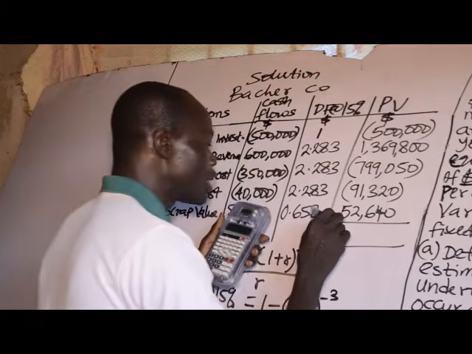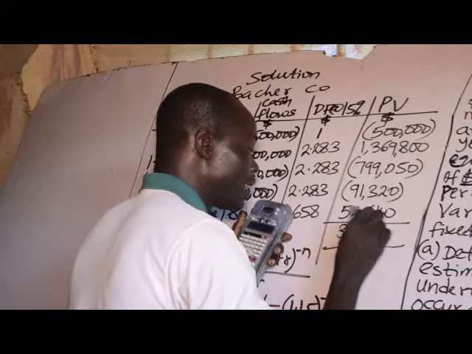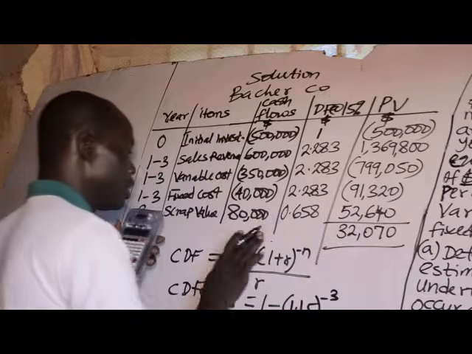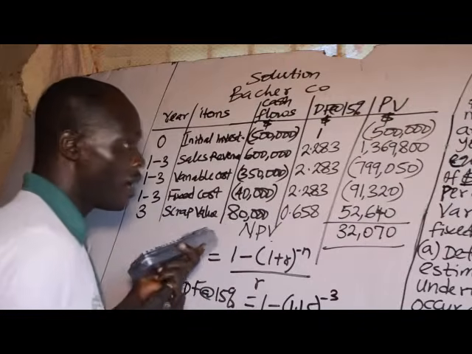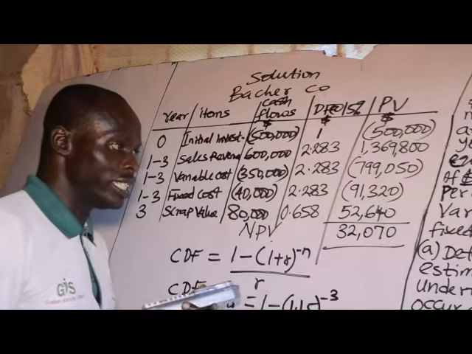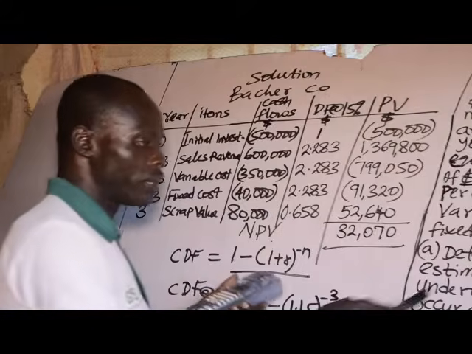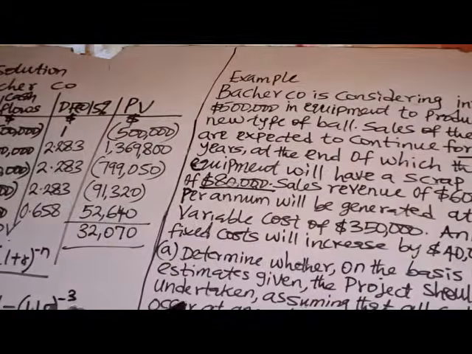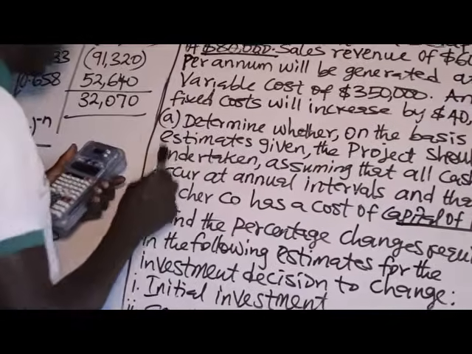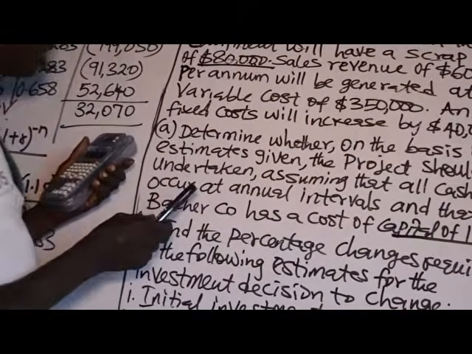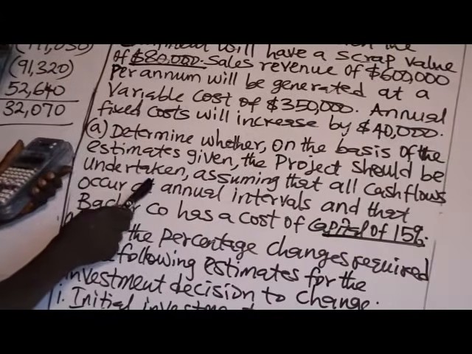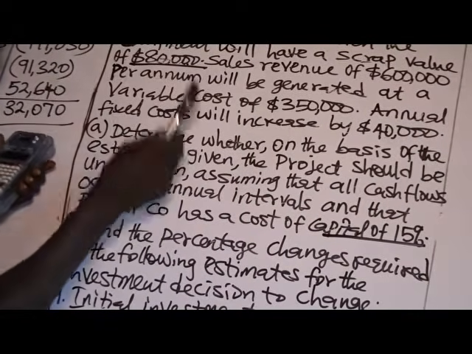So we have 32,070 positive NPV. Our net present value is positive. Therefore, the project is viable and it should be undertaken. That is the answer to requirement A. That is, the project should be undertaken since it reported a positive net present value.